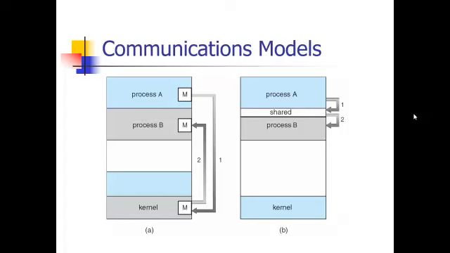If process A wants to pass a particular message, for example some variables, it will be passed from process A to the kernel, and then from the kernel to process B. So that is the mechanism. Directly a process cannot send any content from one process to the other process, so it will go through the kernel in message passing.